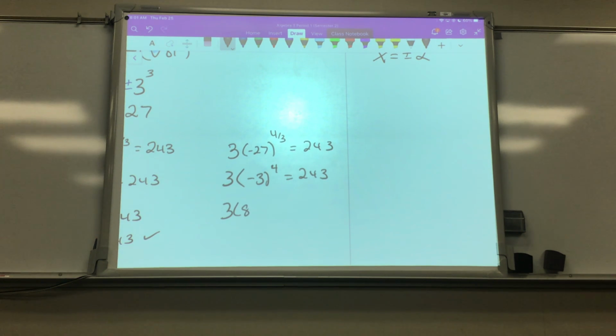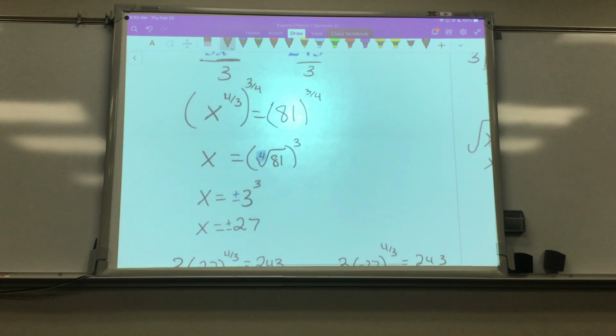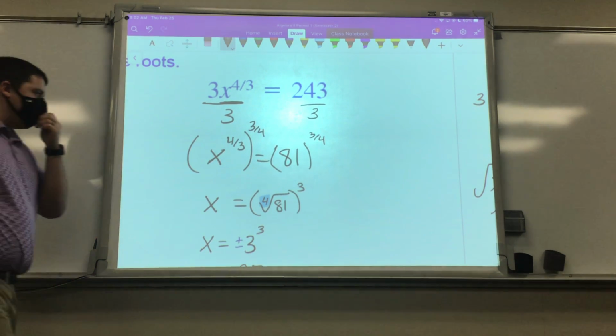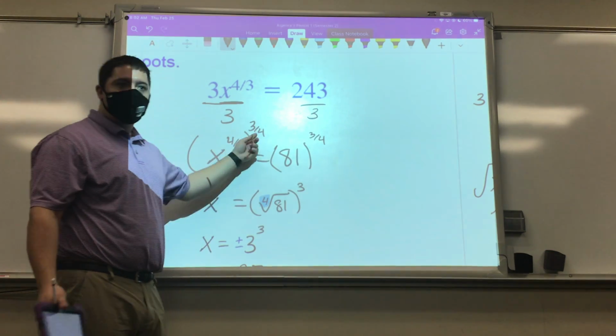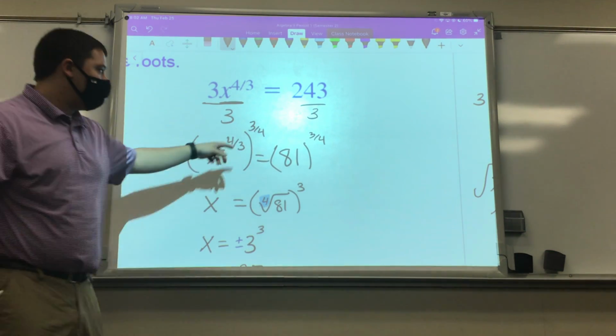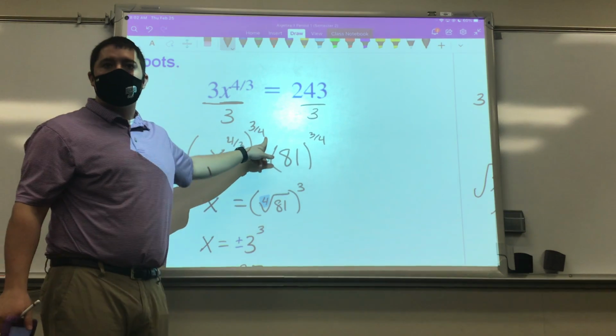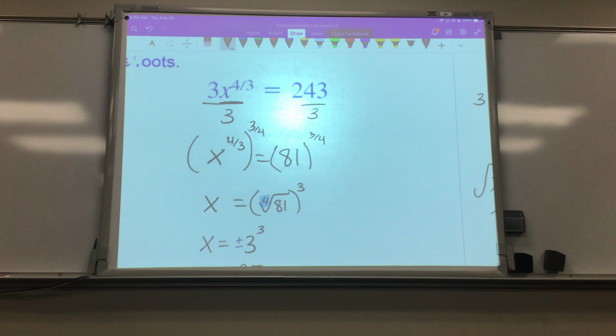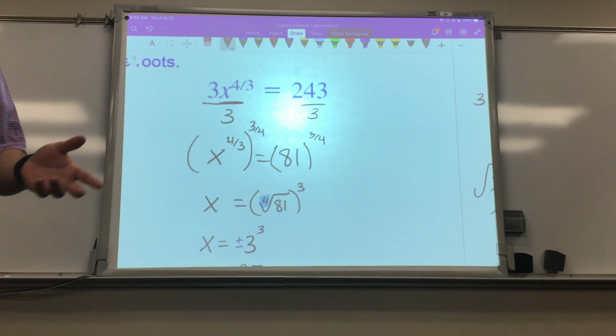So that gets us back to 3 times 81, which equals 243, which is a true statement. Okay, so if you keep it in this rational exponent form, you have to remember that if you're going to take it to a power, we multiply our exponents. If the denominator of whatever power you're taking it to is even, you're taking an even index radical. And whenever we do that in the process of solving, plus or minus, right?